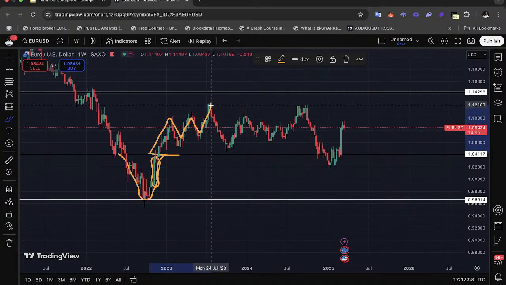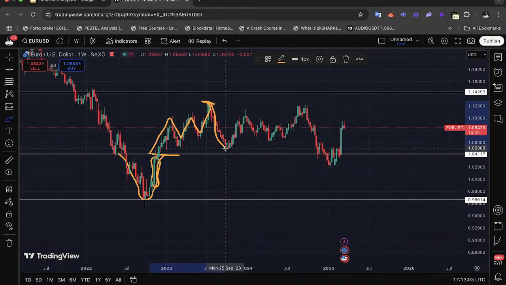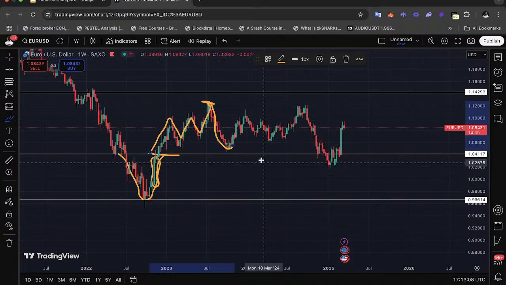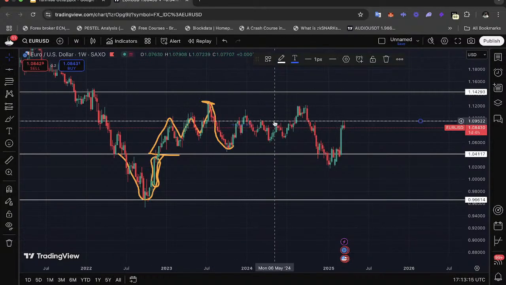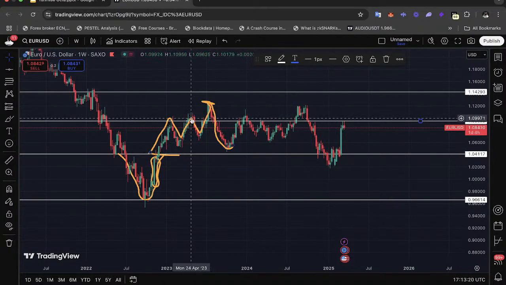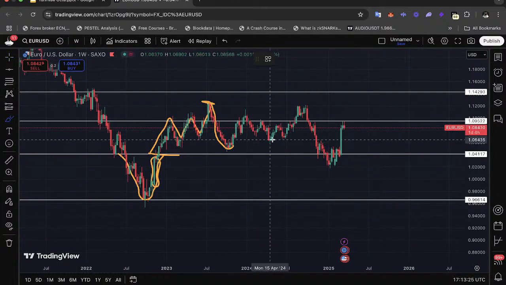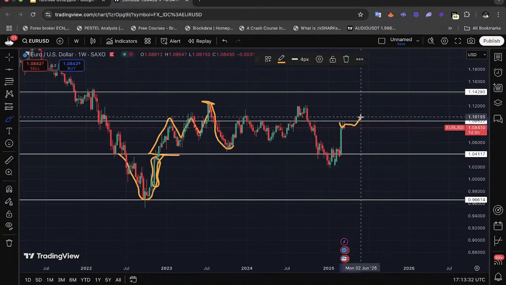Before it dropped. Now if we are looking at this from the historical price movement, our anticipation would be clearly, of course, what we can see already, that price would rally at this level.